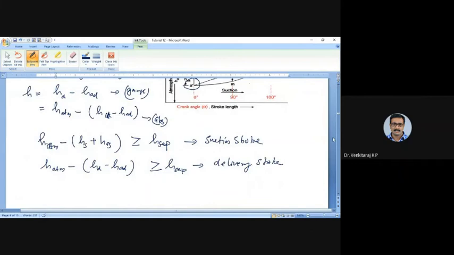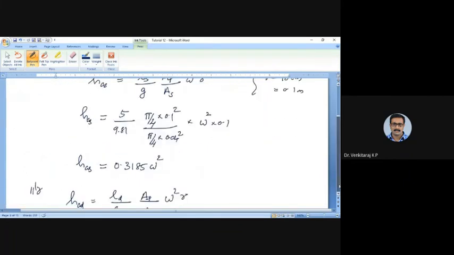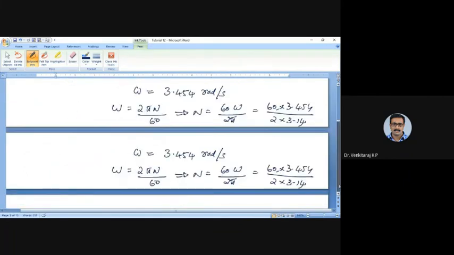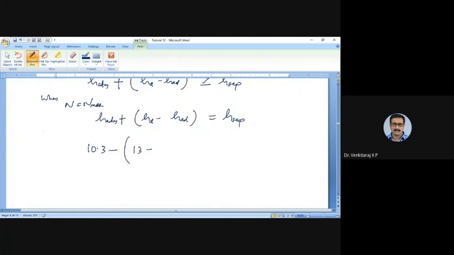So this is H_ATM plus, here H_ATM plus. So this plus 13 minus 2.265 omega square is equal to 3.